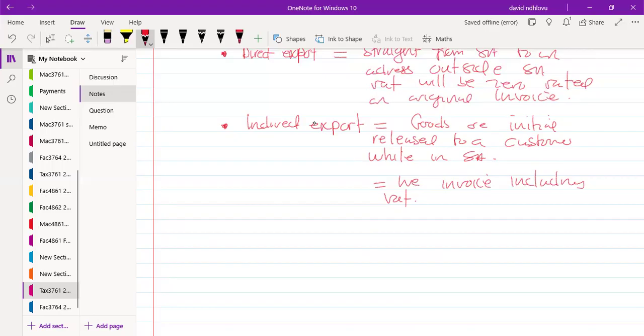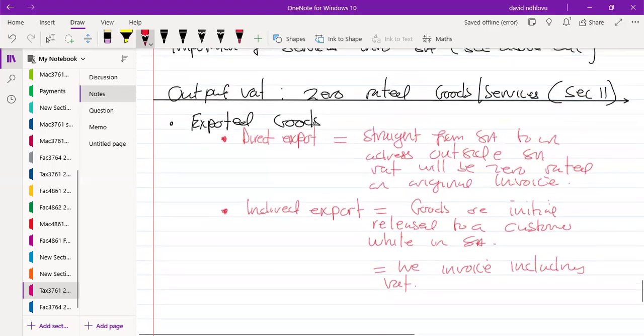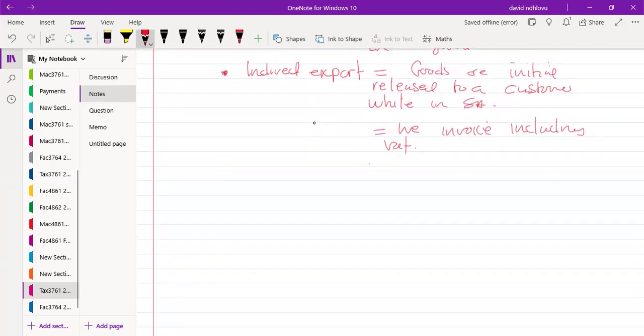Therefore, when the customer pays, they pay VAT, which means we have to remit the VAT to SARS, even though the goods are going to an export country. What happens in this instance is that the customer is able to claim back the VAT at the port.